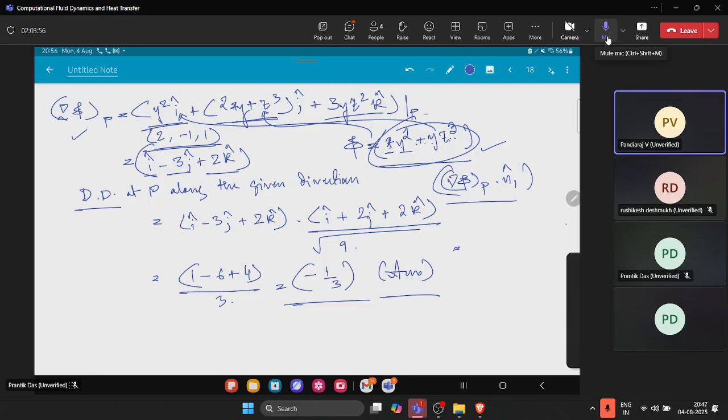Okay, it is right. And then this one is 3y z square. If I put in 3, minus 1 and 1 squared, 3y is minus 1 and this is y square, so it is coming to be minus 3.